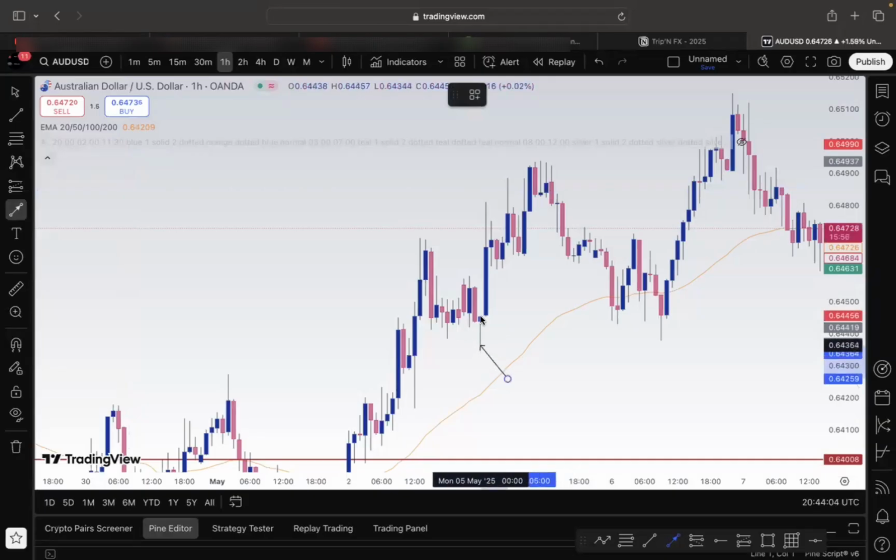This candle here is the bullish pin bar, which indicates that the market is reversing from a bearish structure to a bullish structure.